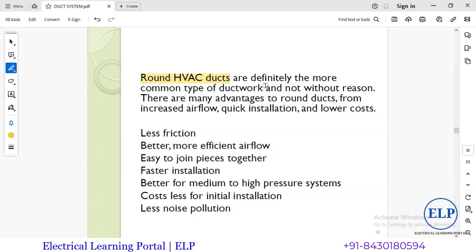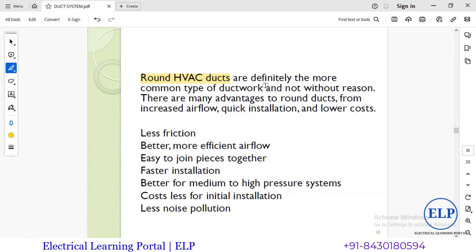If you are going with GI material for round ducting, you can go. Normally you will find round ducts in small cafe areas, small restaurants, small commercial shops and small supermarkets, or you will find oval ducts. These two ducts also look aesthetically very good.